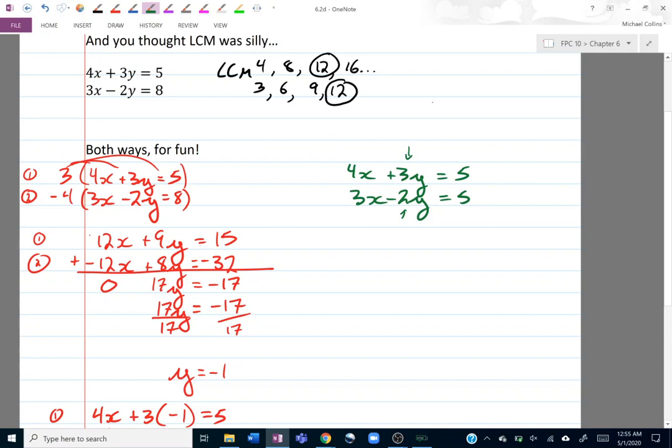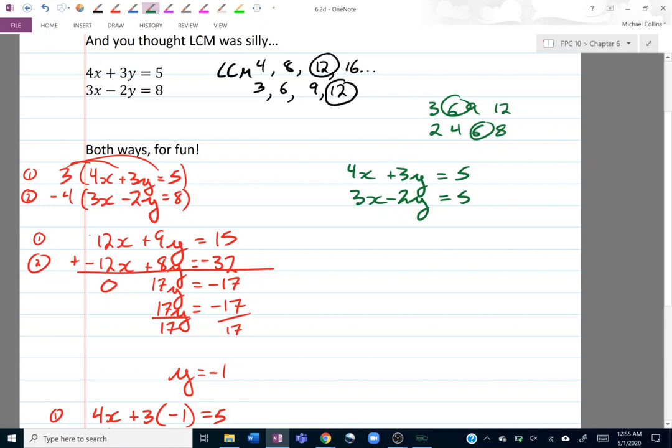So my multiples of 3 are 3, 6, 9, 12, and my multiples of 2 are 2, 4, 6. Oh, there's my 6's. Okay, so I want to make 6's. One of them's got to be positive, one of them's got to be negative, so when I add them together, they go away. I've already got a positive and a negative, so I don't need to really think about that too hard.